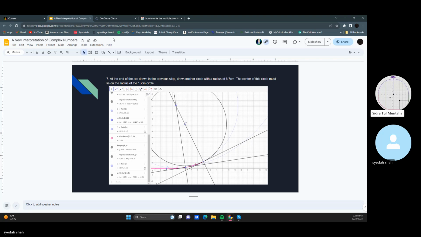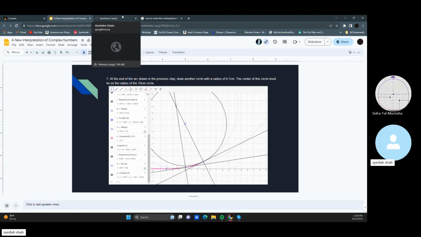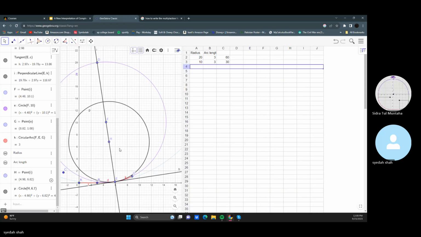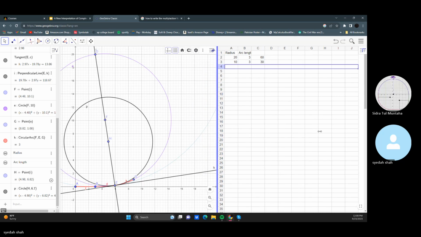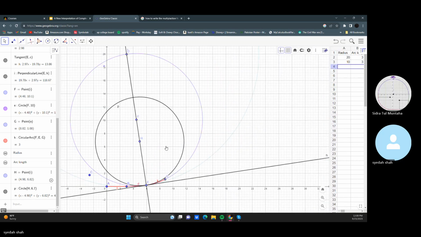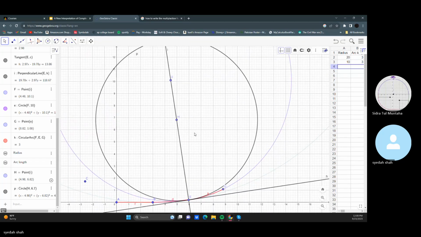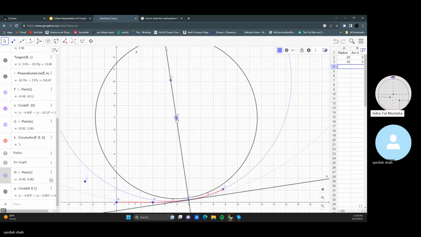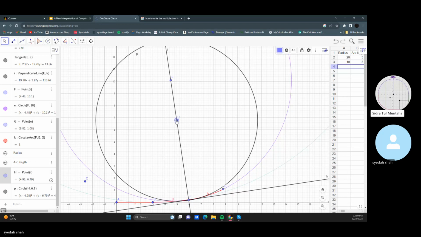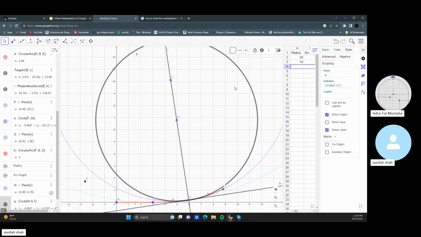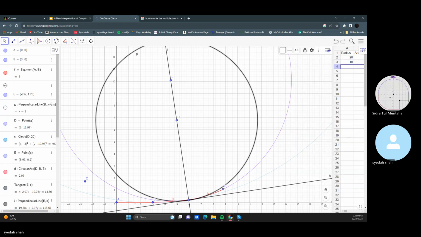Have you drawn it? Yes, like this. First you will draw a tangent at the point G, and then you have to take a perpendicular from that point G, and then we have to draw the radius. Okay.